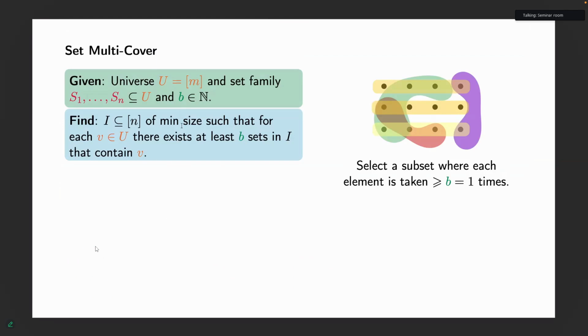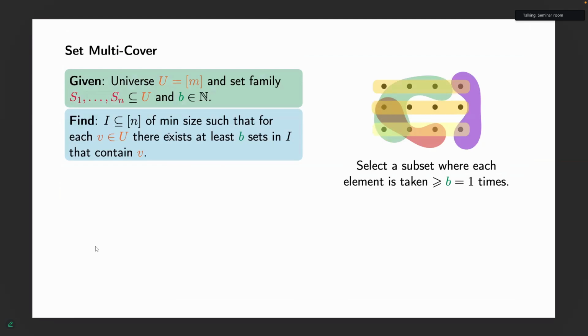This is called set multi-cover. You are given some universe and a bunch of set families and a bound B. If you know standard set cover, then B is equal to 1. You want each of these elements to be covered by at least one of the sets.